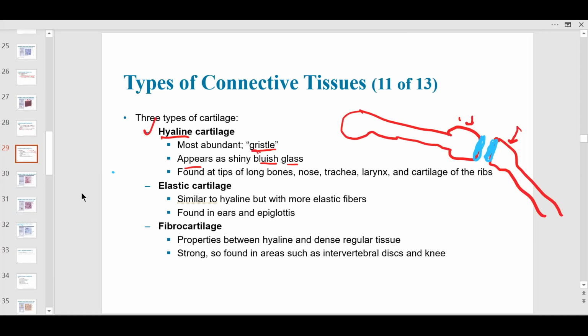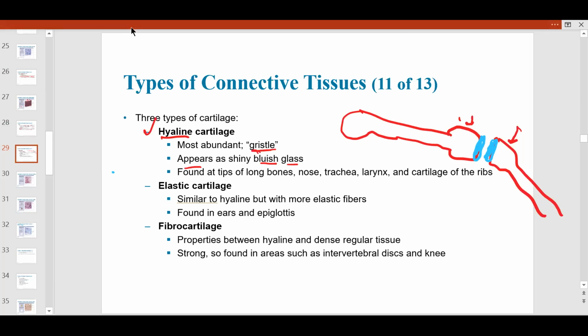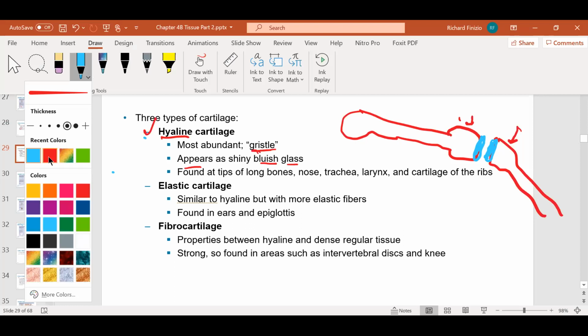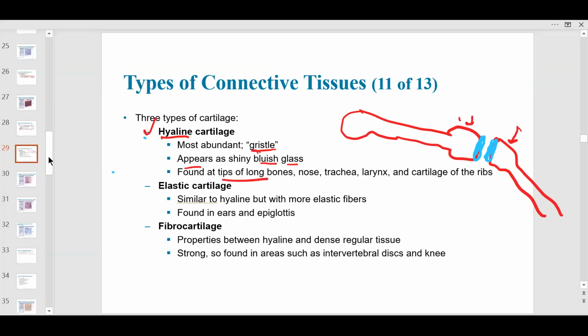So those ends of the bones are covered with hyaline cartilage, and that's called articular cartilage. Tips of long bones. We'll talk about that with joints too. But you also see it in rings around the trachea, your voice box, the larynx, and your costocartilage, which you're going to learn very soon. I think I showed you that in lab. Costocartilage.